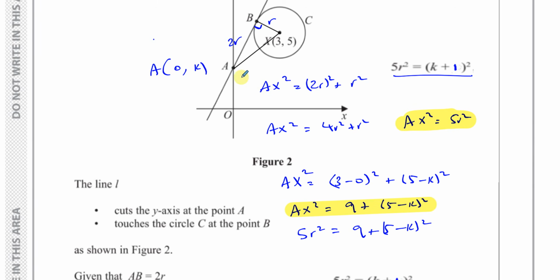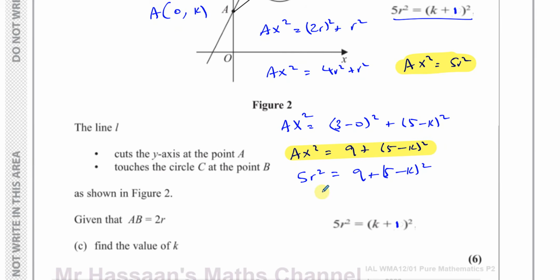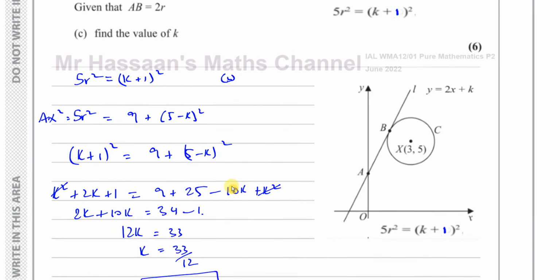So the length AX is given by the length formula. I didn't write the square root because I want it squared. So you get (3 minus 0) squared plus (5 minus k) squared equals AX squared, and that's equal to 5r squared. So you can equate that expression to what we found earlier, and you get your answer.